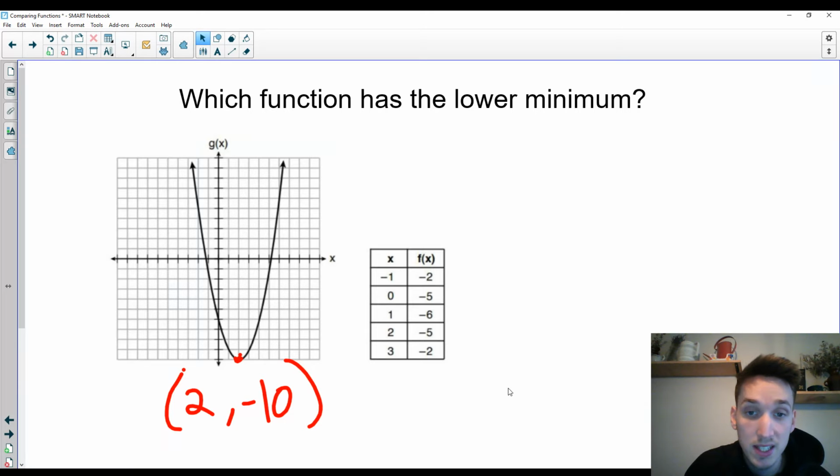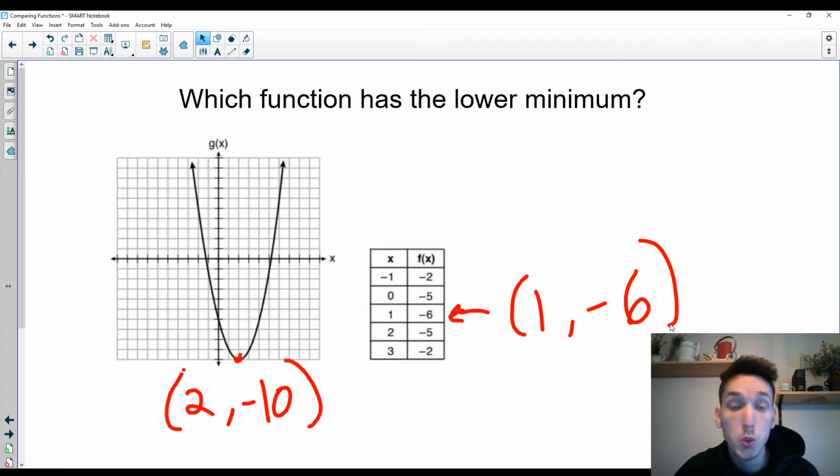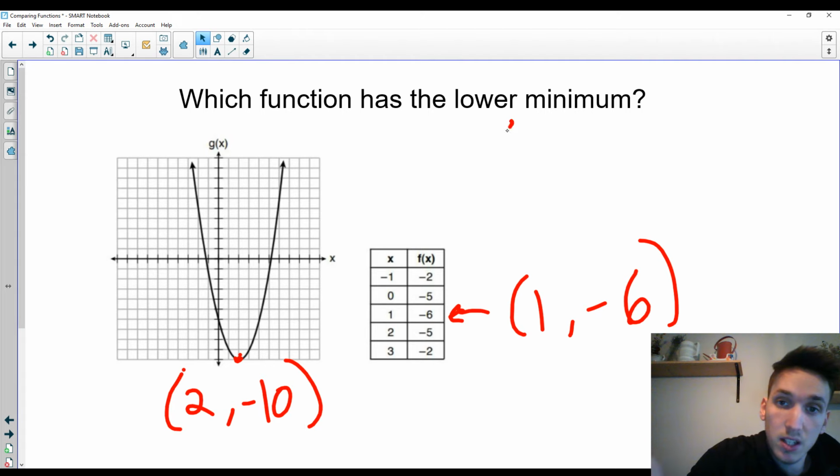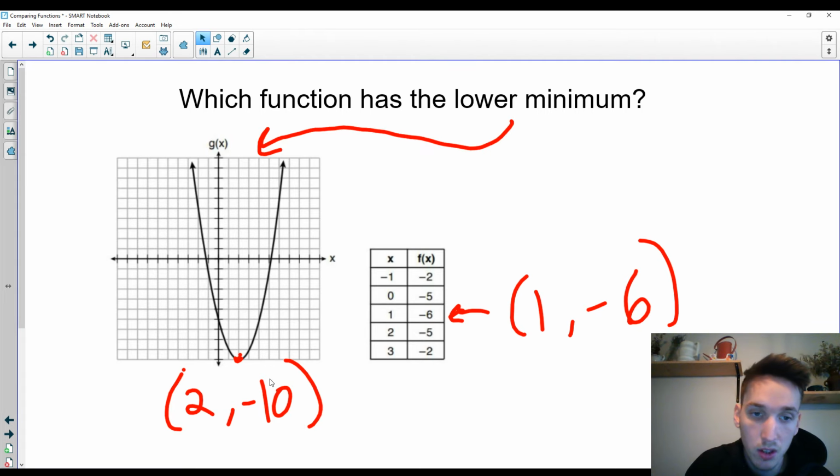So we learned when we see that, we can tell our vertex is that point right there, 1, -6. So which one of these functions has the lower minimum value? Again, it's going to be g of x, because this one, the lowest value is -10, whereas this one, the lowest value is -6. Let's do one last example.